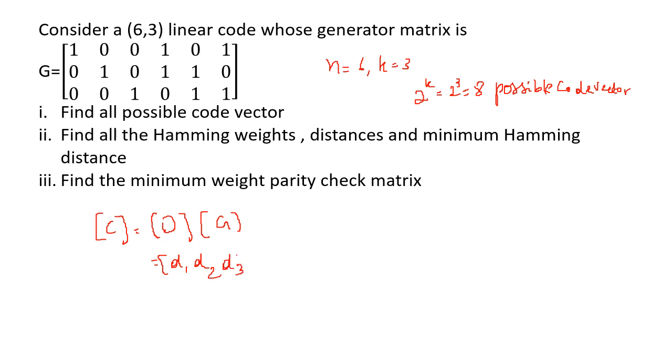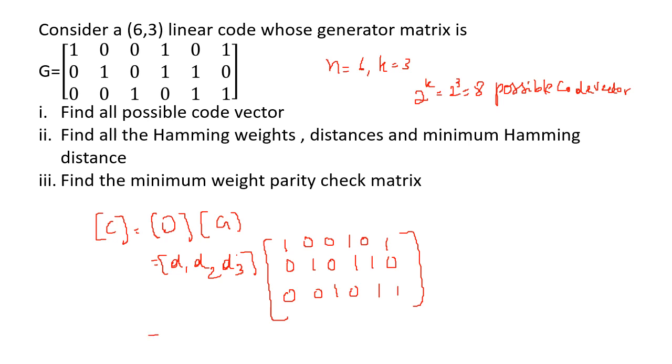This needs to be multiplied with the given generator matrix, 1 0 0 1 0 1, 0 1 0 1 1 0, 0 0 1 0 1 1. So we'll do the multiplication and see what we get as all possible code vectors.